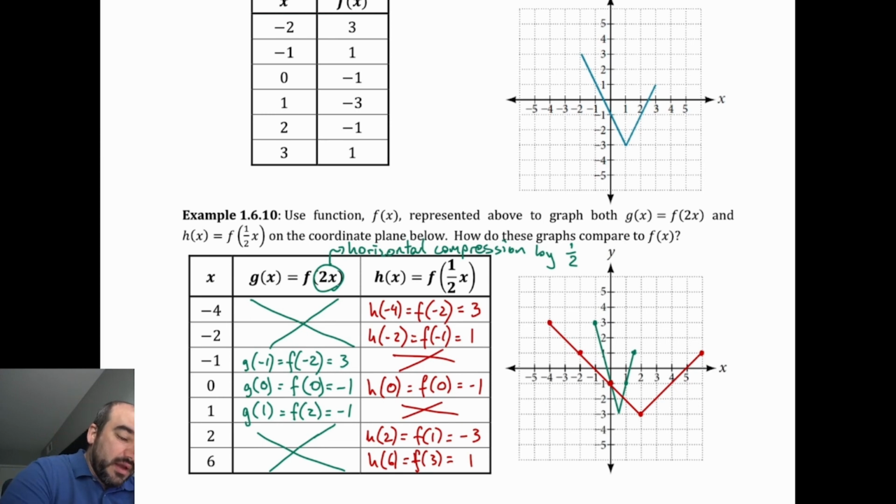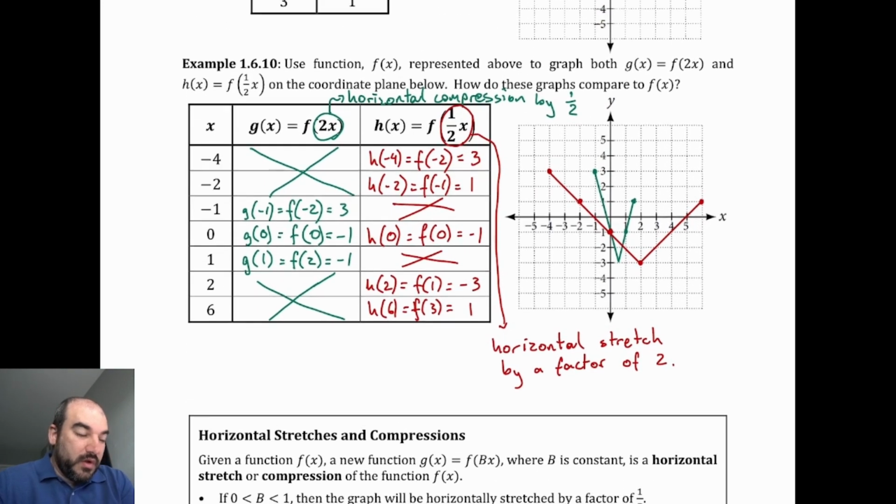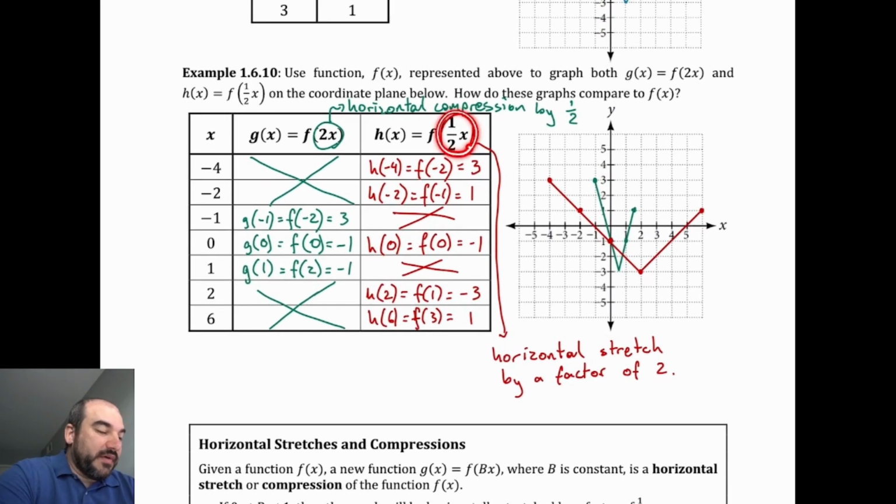So we have a horizontal stretch here. Multiplying the x values by 1/2 is a horizontal stretch by a factor of 2. So multiplying the x values by 1/2 actually stretched the graph horizontally by a factor of 2.